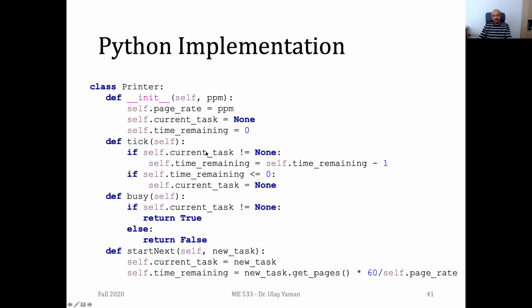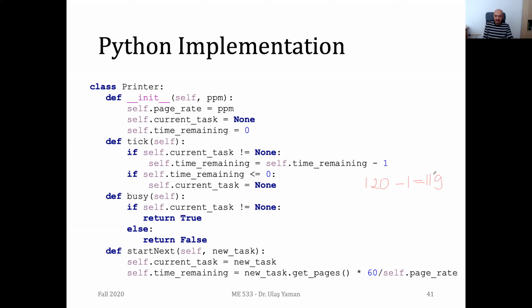If the task is not empty, if you have a task, then what we are doing, we are simply decreasing 1 from the time remaining. Since at the beginning of this printing operation, we know that, let's say, there are 4 pages, and the quality of the printer is 2 pages per minute, then that means we need to spend 120 seconds. So the same thing is actually done here.